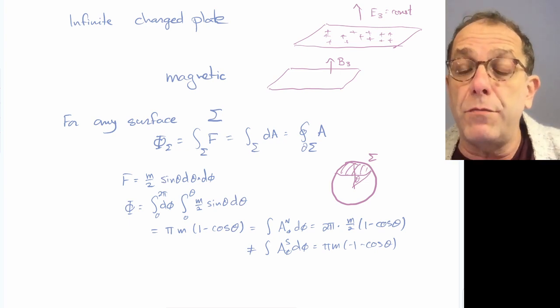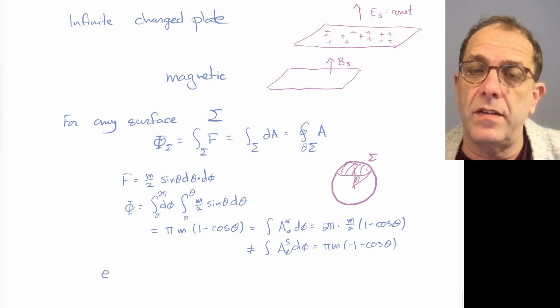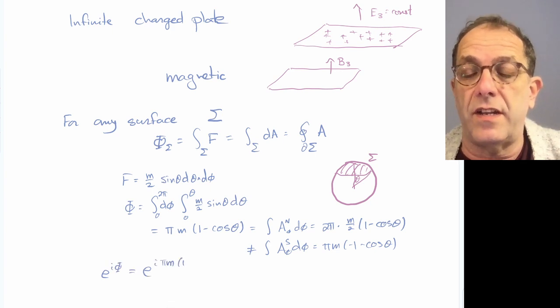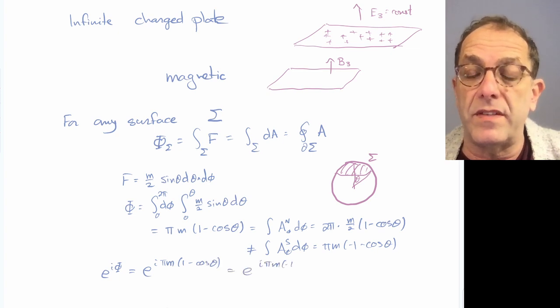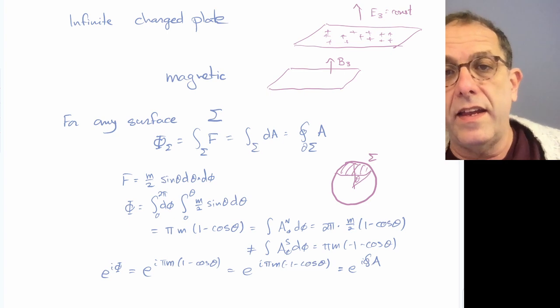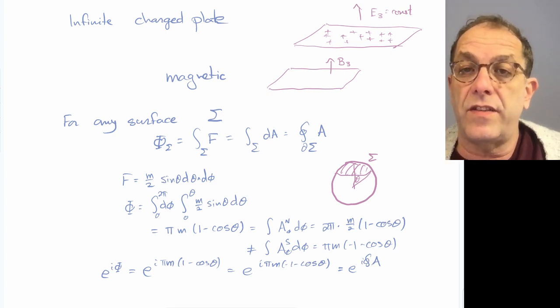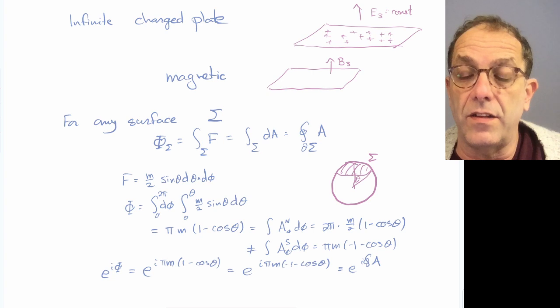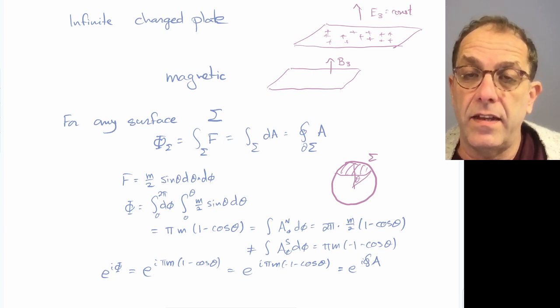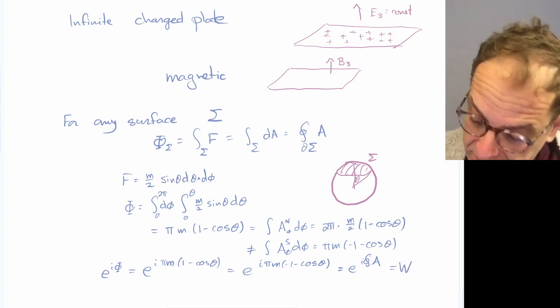But if we take the exponential of it with an i, then the two expressions that we find are equal to each other, because the difference between them is the integer m times 2 pi i. So while A is subject to gauge transformations, is not single valued, if we define the exponent of e to the iA, that is single valued, and that is the abelian Wilson loop.